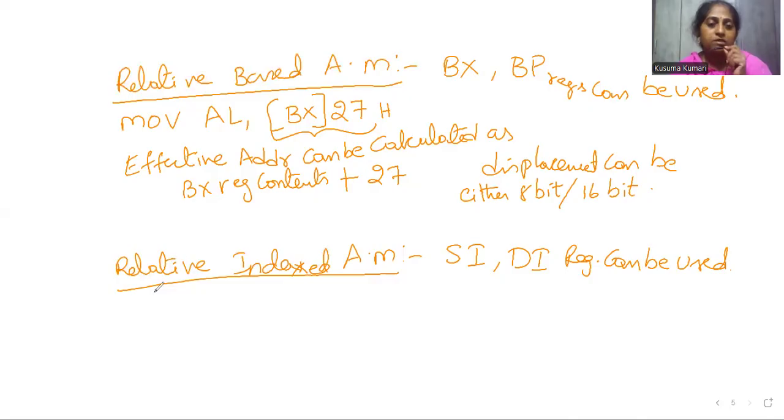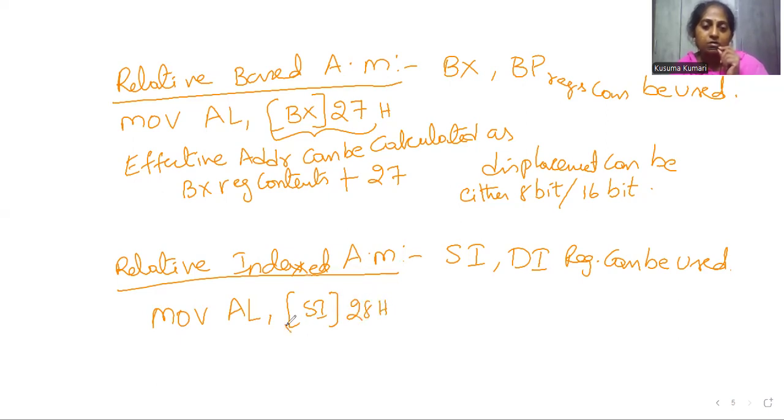Similarly, relative indexed addressing is the same as that. Here BX or BP can be used for the base, and either SI or DI can be used for the index. For example, MOV AL, SI 28 hexa.